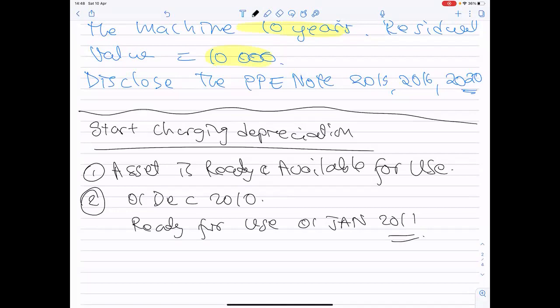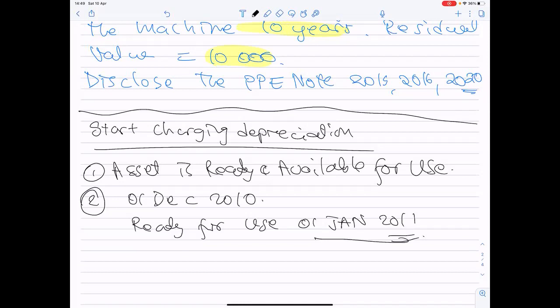There are two dates. The asset was bought on the 1st of December, then it was ready for use on the 1st of January. So you are going to start charging your depreciation on the 1st of January 2011.